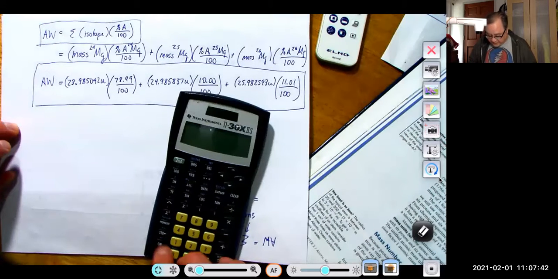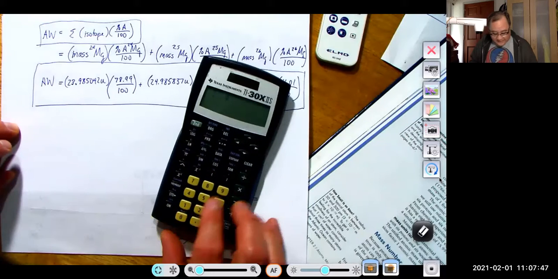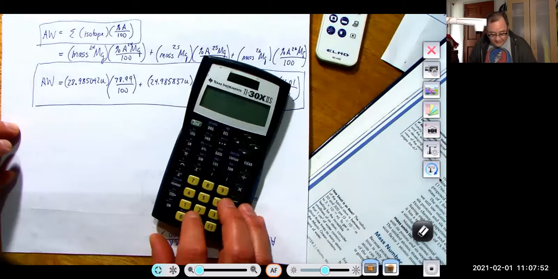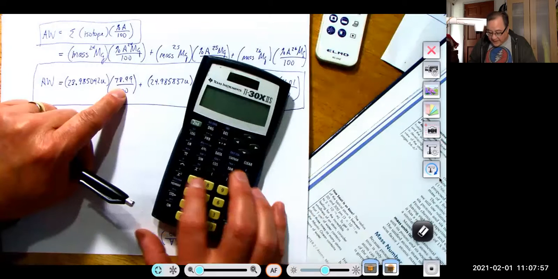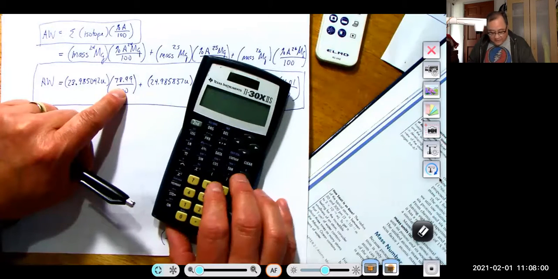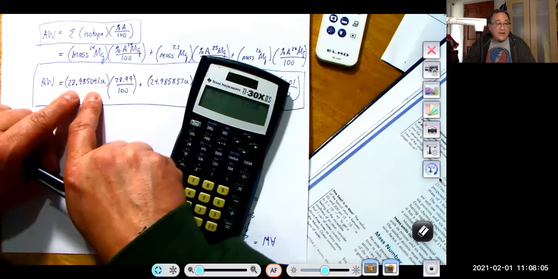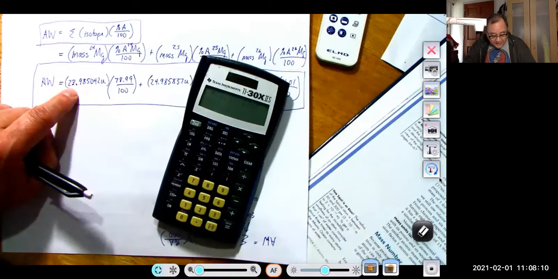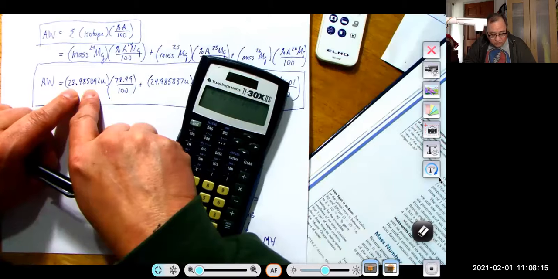And I'm going to show you how to carry significant figures through this, okay? So we have 23.985042. I think I did that right. Times 78.99 and then divided by 100. Now, clearly, my number should come back to be less than 23.98. And since this is about 80% of this, I expect my number to be about 19 or 18, okay?